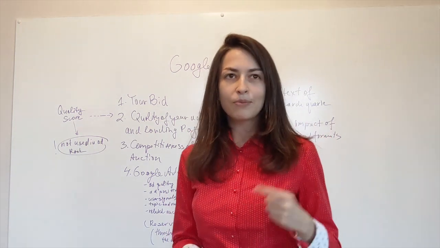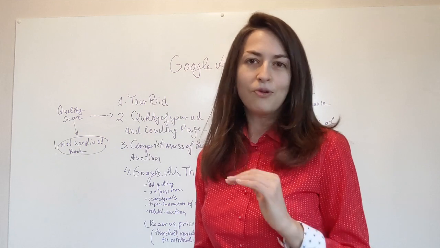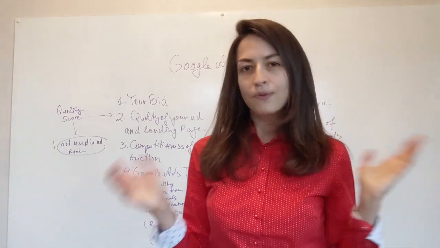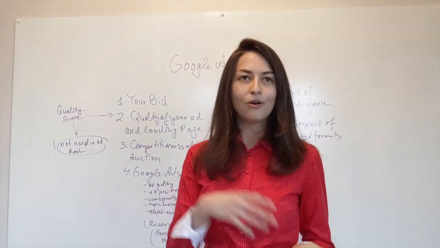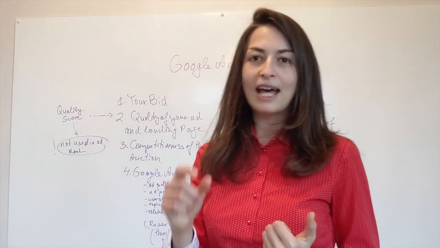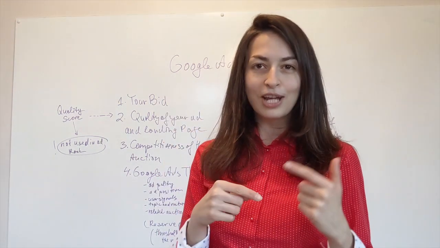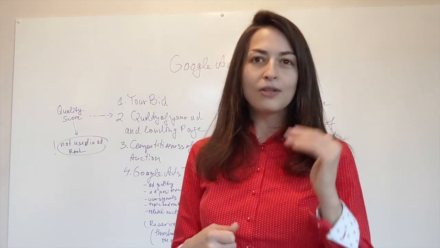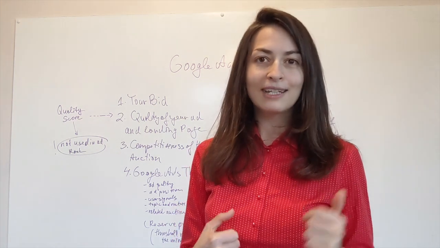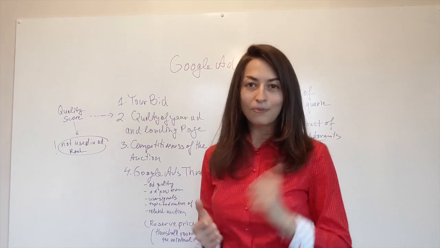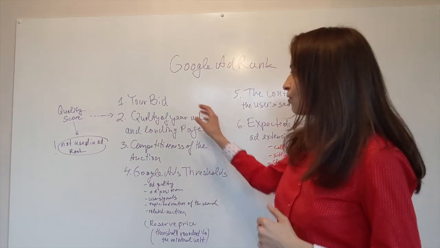And for each of them you say, I want to pay no more than £5 for this keyword. Every time someone searches, I want my ad to compete in this auction. There's a mini auction happening, and I will pay no more than £5 per click if someone decides to click on my ad. So this is your bid.